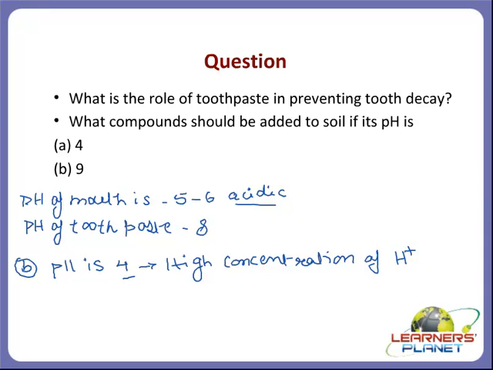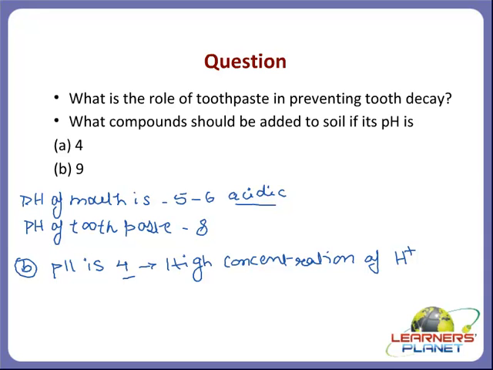So this high concentration of H plus ions, or acidic soil, doesn't help in having good vegetation, or it harms vegetation. So the soil pH should be in the neutral range, that is 7 to 7.4.